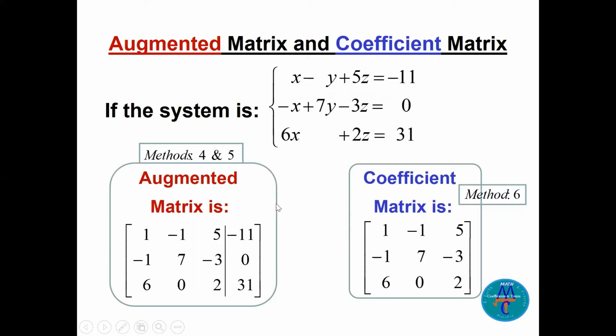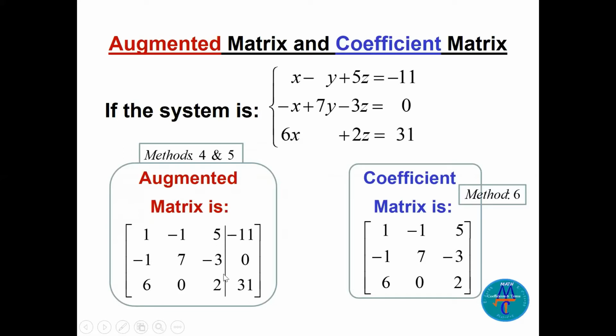Let's define here the augmented matrix and the coefficient matrix at the same time. Suppose we have a system like this, 3 by 3, 3 equations in 3 variables X, Y, and Z. You have to differentiate between augmented matrix. In the augmented matrix, we take all the coefficients of the variables, 1, minus 1, 6 here, minus 1, 7, 0, 5, minus 3, 2.